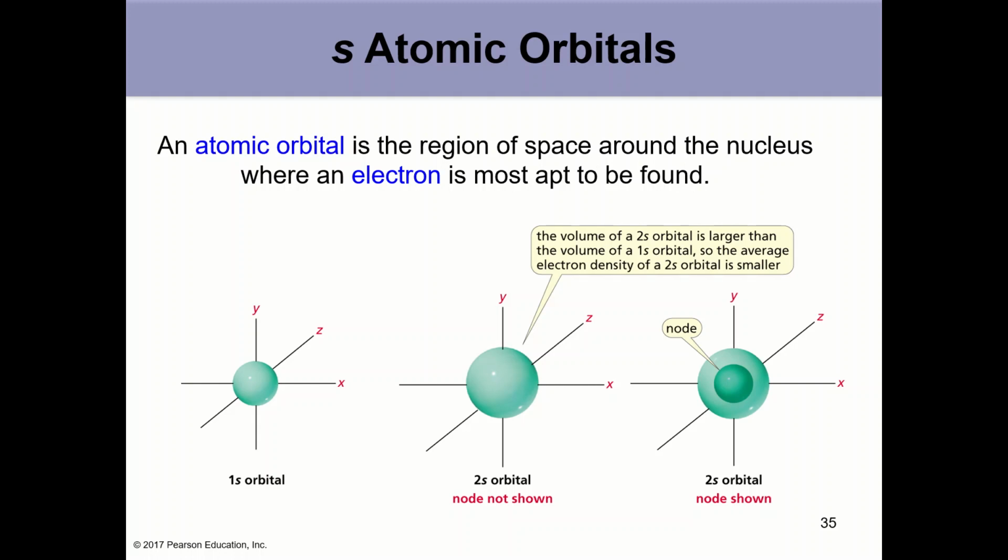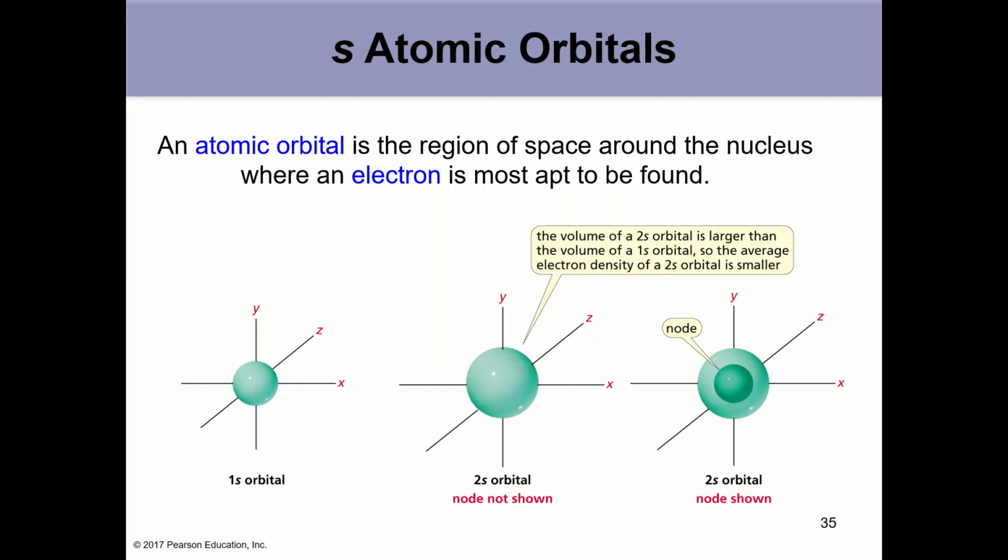So we start with atomic orbitals, reviewing what the orbital shape is and the size and how size changes as the row of the periodic table changes. An atomic orbital is the region of space around the nucleus.